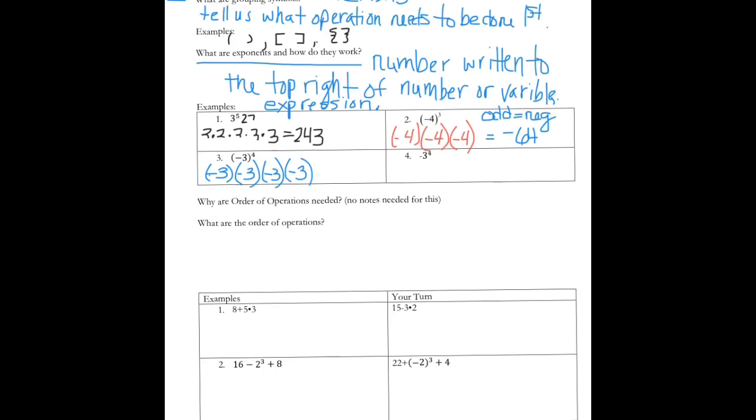So let's see, if I count, I have 1, 2, 3, 4 negatives. 4 is an even number, which means that my final answer is going to be positive. 3 times 3 is 9, times 3 more is 27, times 3 more is 81. So my final answer is positive 81.